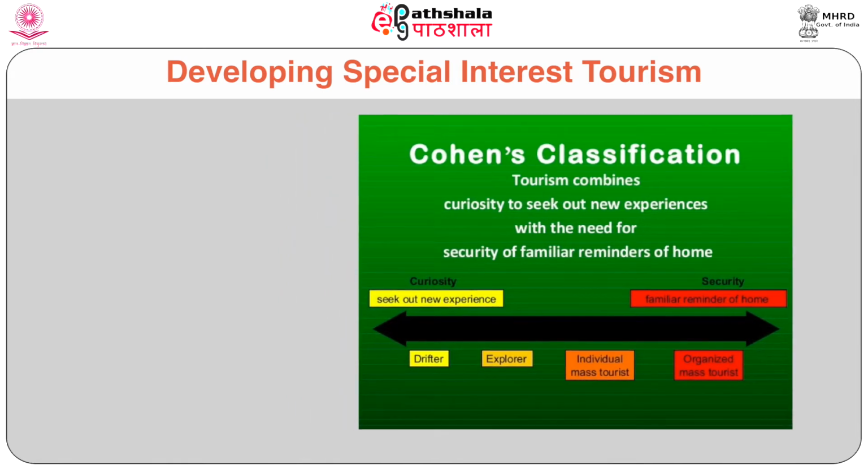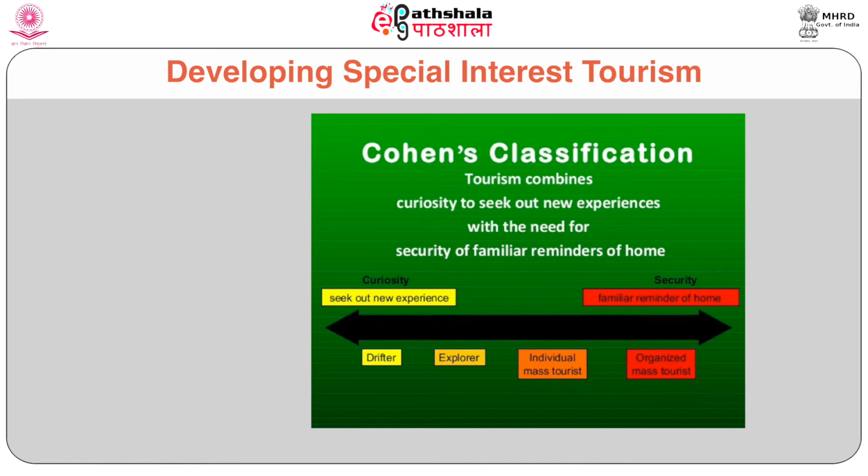He placed tourists into the following four groups. First, organized mass tourists. These tourists prefer to visit safe and secure destinations with a safe environment. These tourists do not want any element of risk or mismanagement in their tour. They prefer to buy pre-organized tour packages.